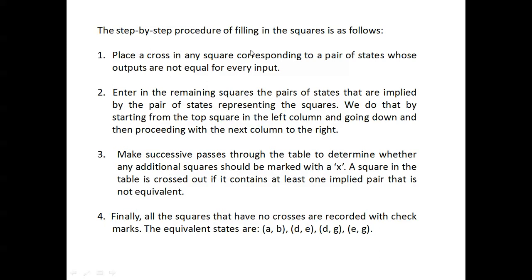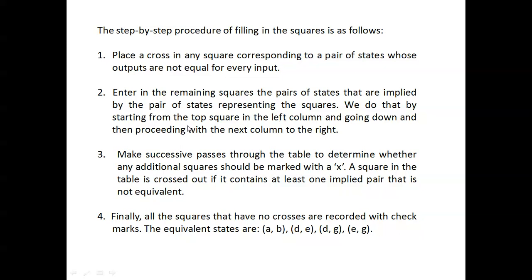These are the steps in the procedure for the implication table. You have to place a cross in any square corresponding to a pair of states whose outputs are not equal for every input. Then enter in the remaining squares the pairs of states that are implied by the pair of states representing the square.